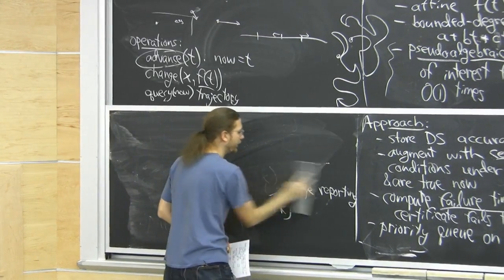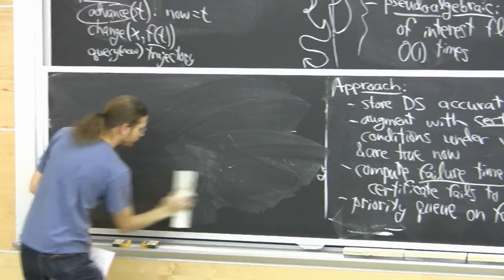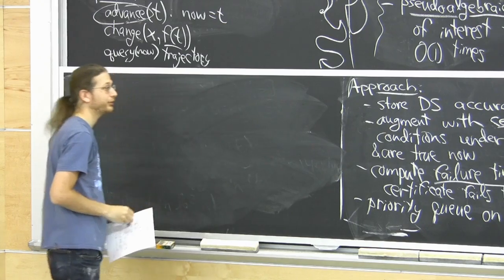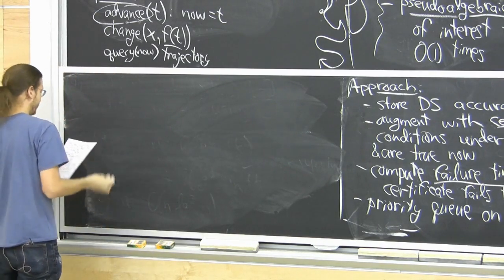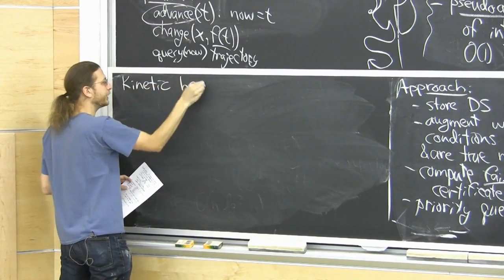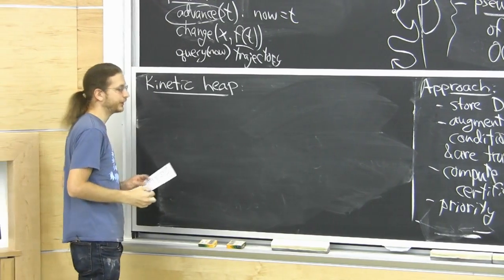It kind of shows you why kinetic problems are pretty interesting. Data structures are often pretty darn simple, and the fun part, or where it can get intricate, is the analysis. So let's solve kinetic heap.